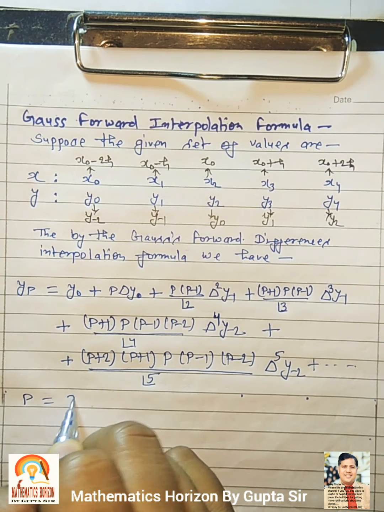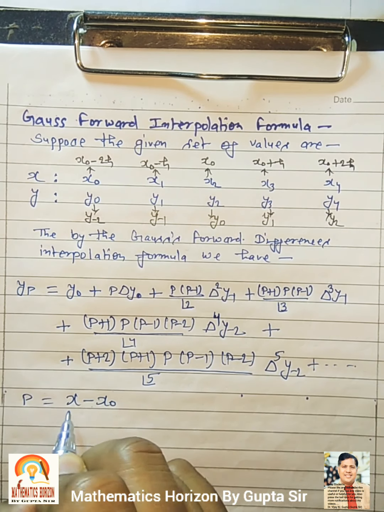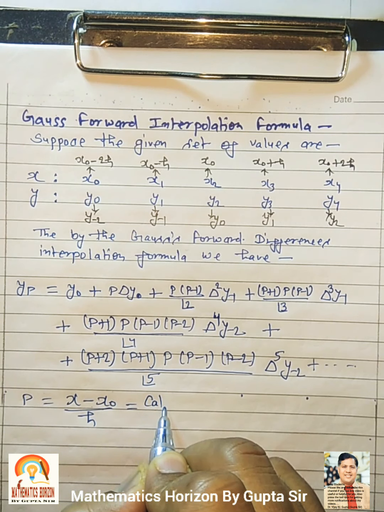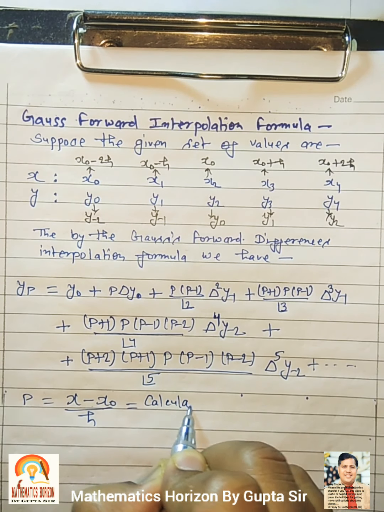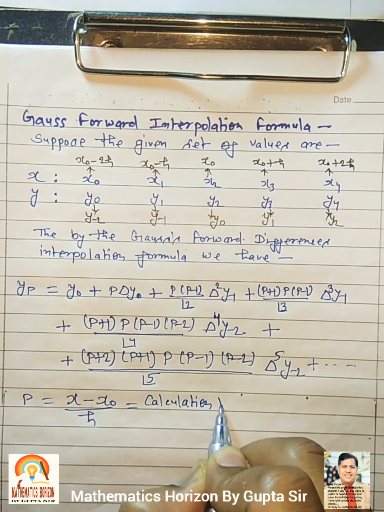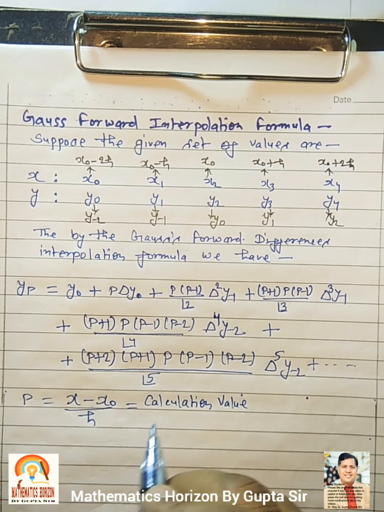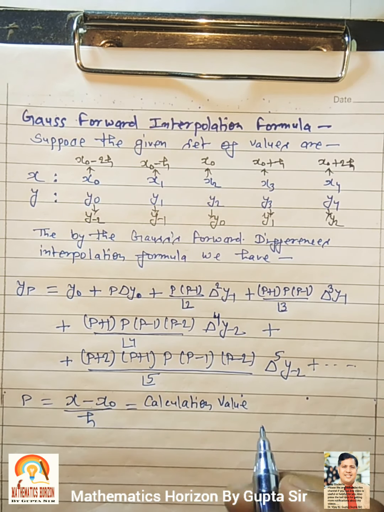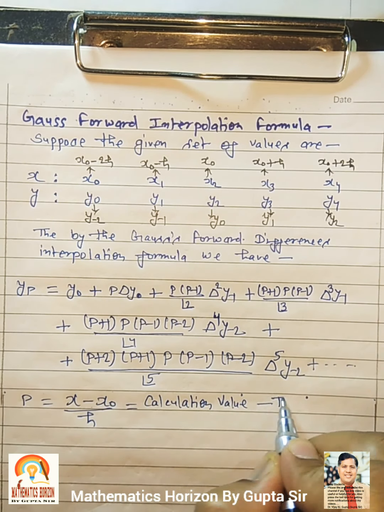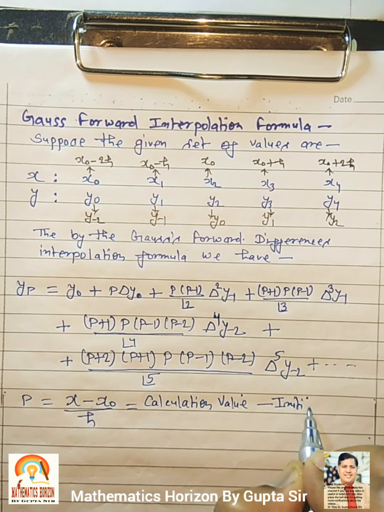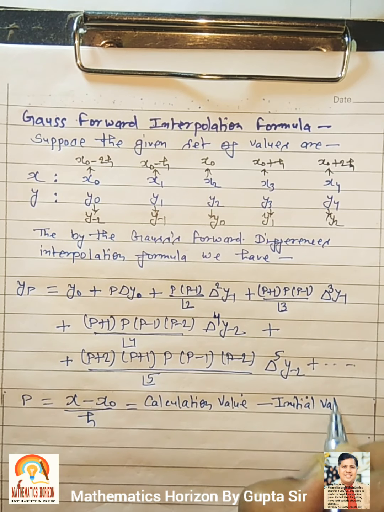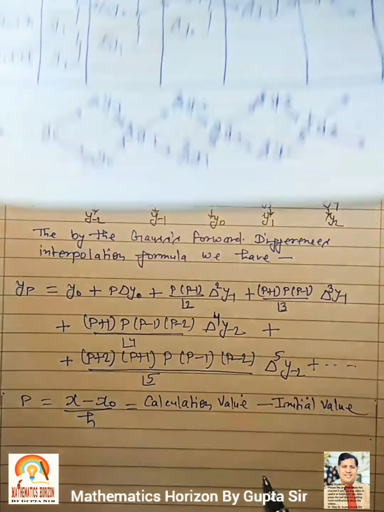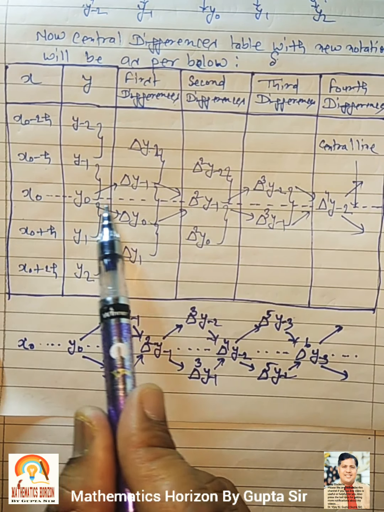Here p is x minus x0 upon h, that is the calculation value, the value for which we have to find the value of function. This is called calculation value, and this is initial value.